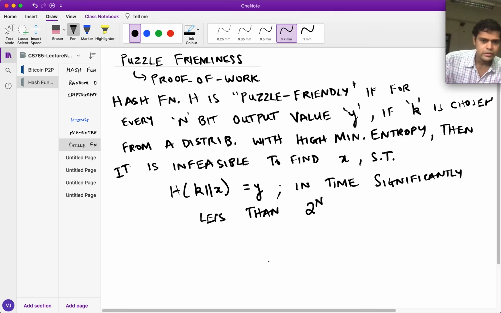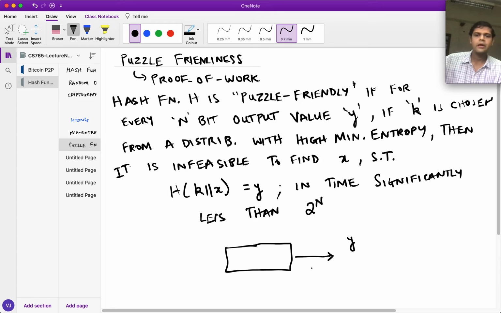So what does this mean? It means that suppose I give you y, I tell you that I want you to find an input which corresponds to this y, and I tell you that there are some constraints on the input. The constraint is that part of the input is a random number, and I tell you, okay, this is fixed.